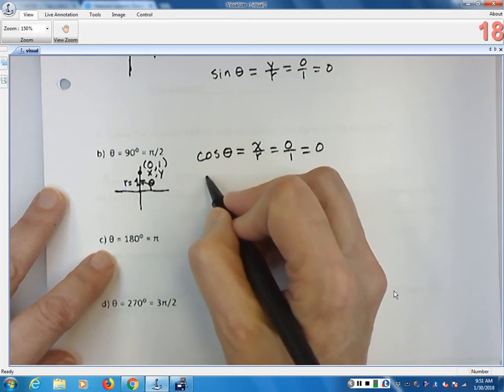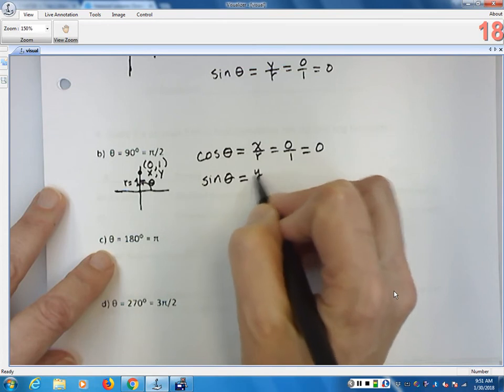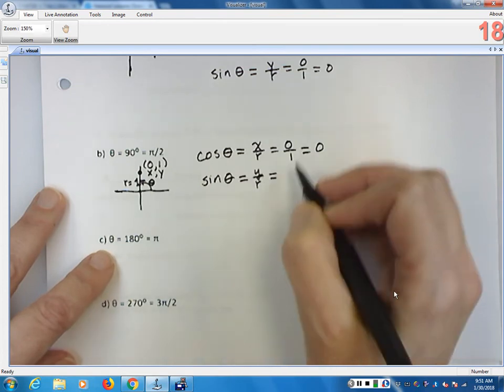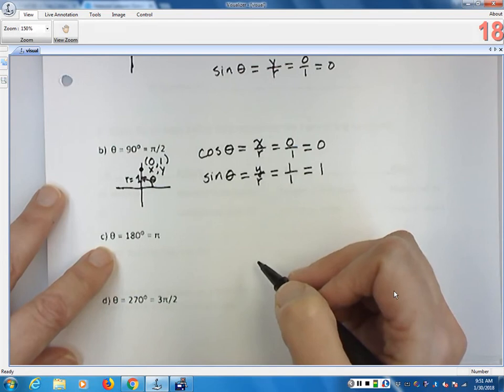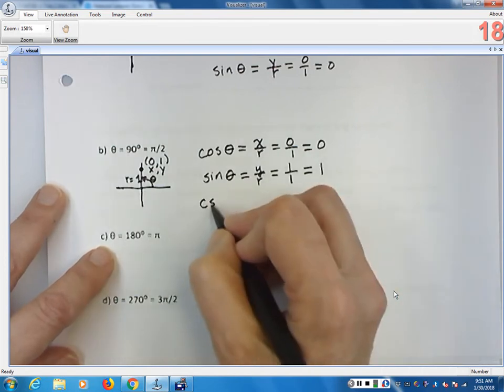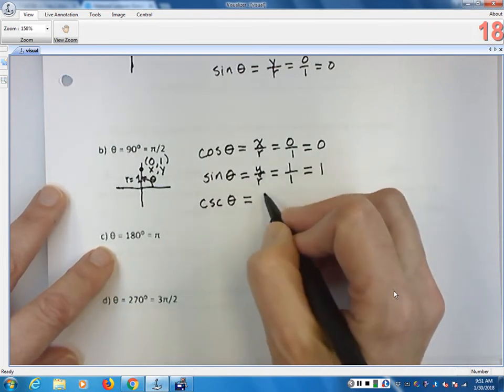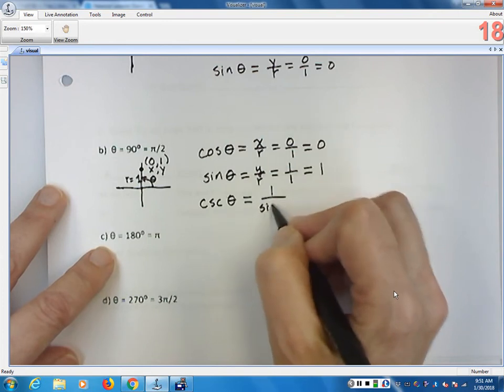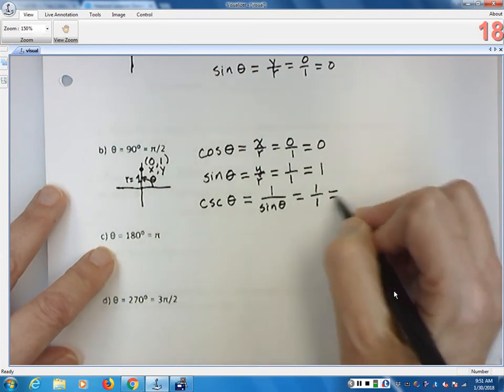Let's just find sine, and then we can find cosecant. Sine theta is y over r, 1 over 1 is 1. Now we can find cosecant using 1 over sine. That's the way I like to do it. 1 over 1 is 1.